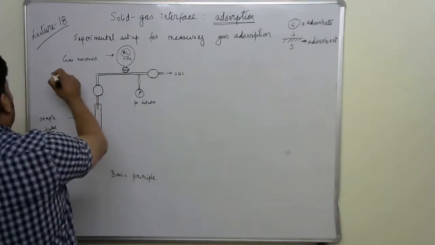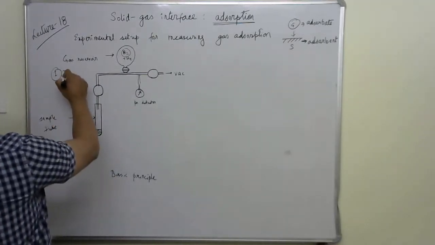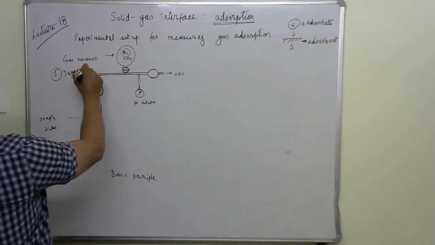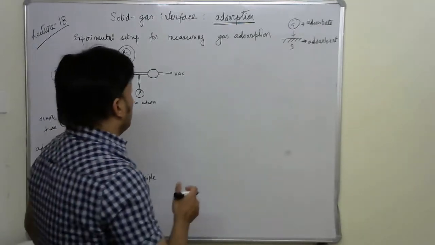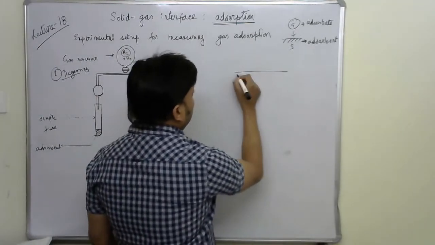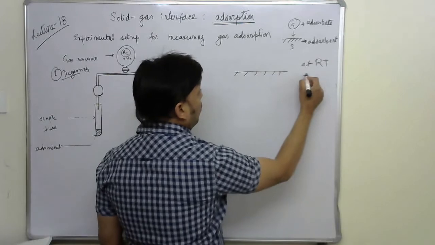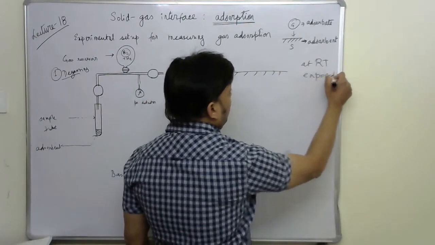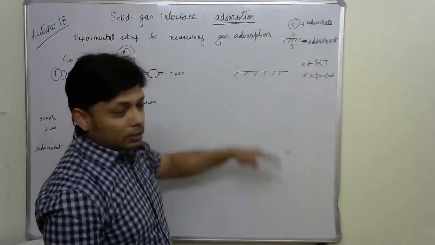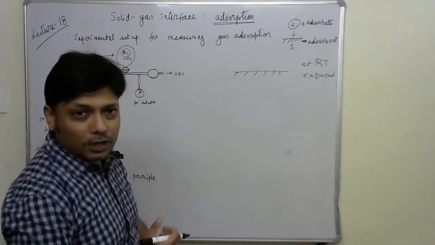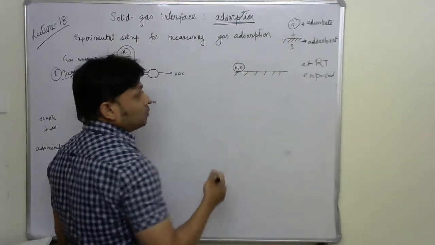The first step, step 1, is called the degassing procedure. So what is the degassing procedure and why do we need it? Let's assume that this is a normal surface at room temperature, exposed to the environment. At this condition, there are a lot of contaminants on the surface. For example, there could be moisture adsorbed, that is water.